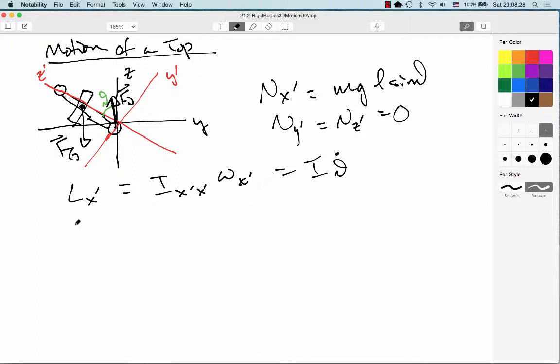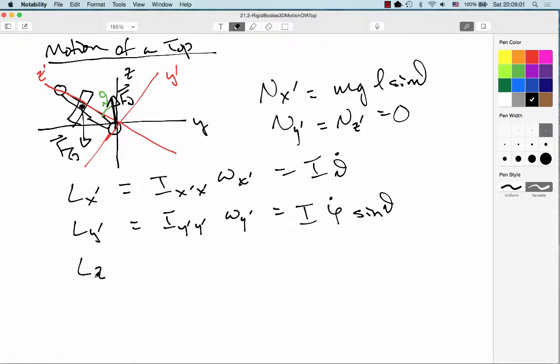And similarly, since it is symmetric, y prime, I_y' omega_y', that's going to be equal to, again, I, because the non-z-axis components will be the same. And following our prescription from our Eulerian angles, this will be phi dot sine theta.